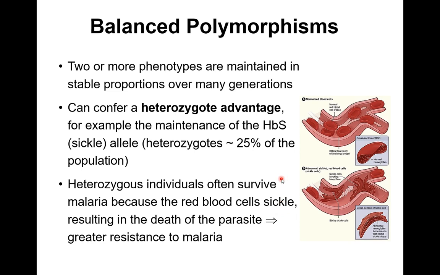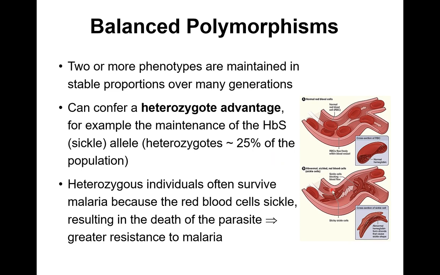However, individuals that are heterozygous have the normal version of hemoglobin and the sickle version as well. So some of their cells are sickle, but not extremely so. They still preserve their capacity to move through the blood, so they have a reduced chance of having a heart attack or stroke and so on.